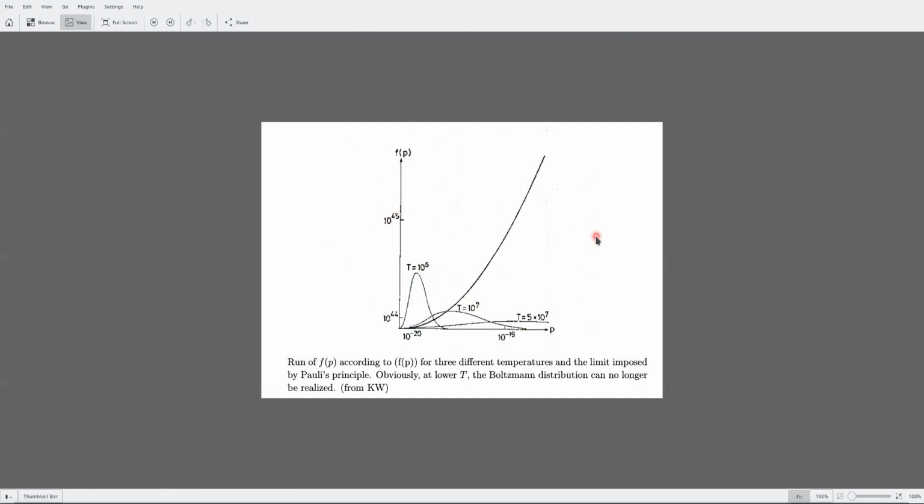And here is the limit imposed by Pauli's principle.